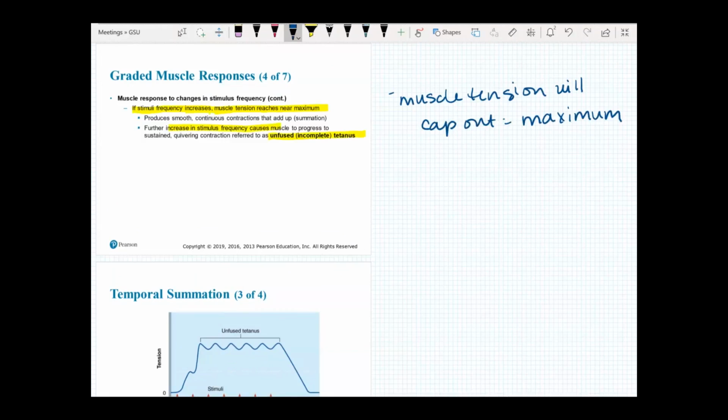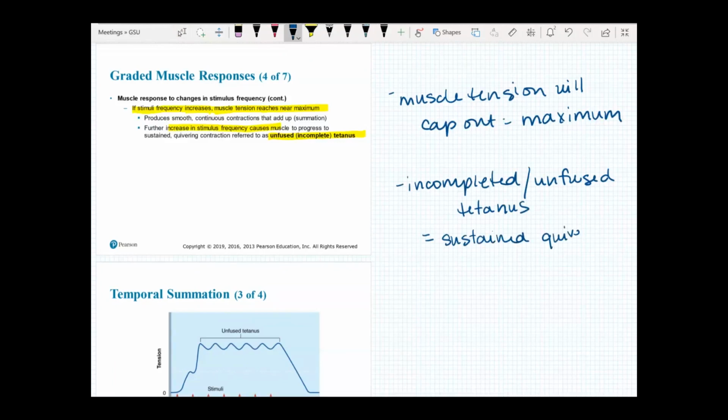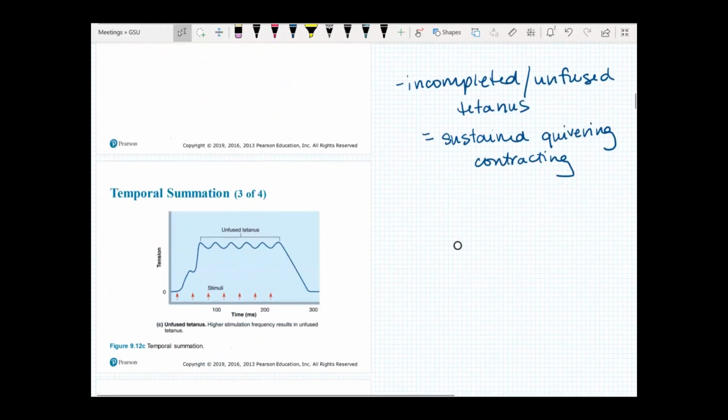So if we are going to have something called incomplete or unfused tetanus, what this means is we are going to have sustained quivering contraction. Quivering means that we don't just stay, we will kind of wave through: contract, a little bit of release, contract, a little bit of release, contract, a little bit of release.